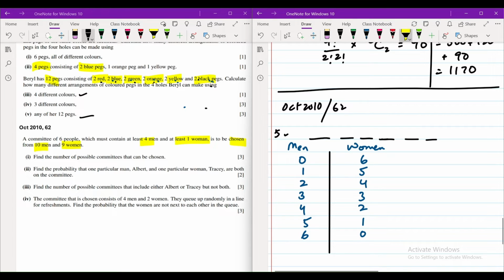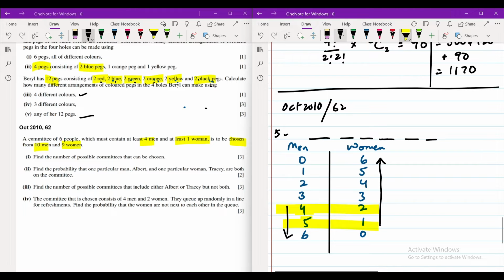Okay, so we are only concerned with at least 4 men, and at least 1 woman. So when we intersect these, we get this scenario here.